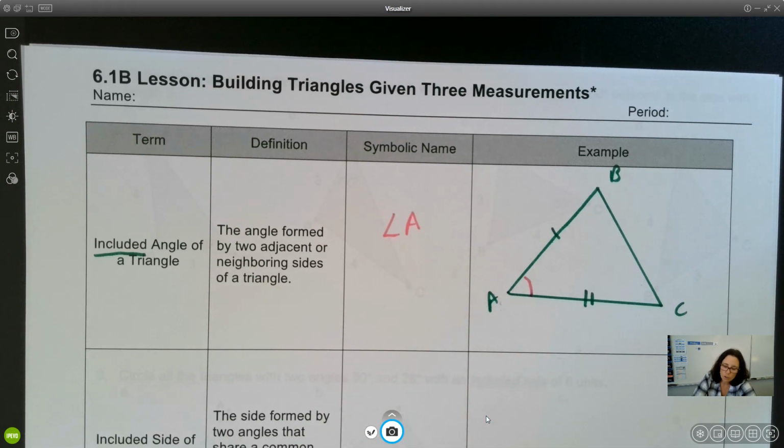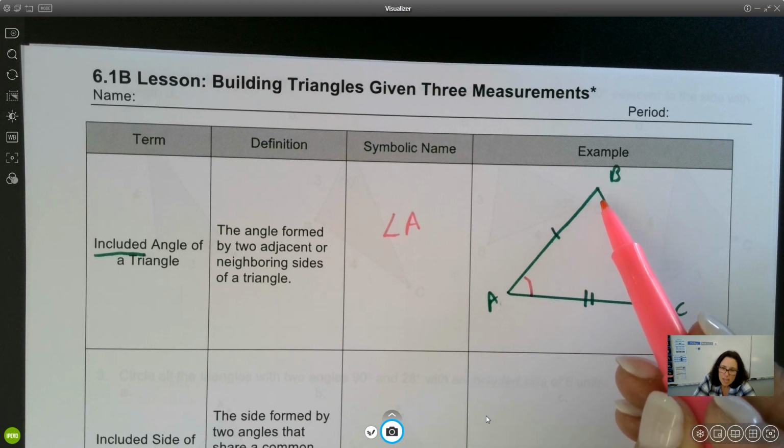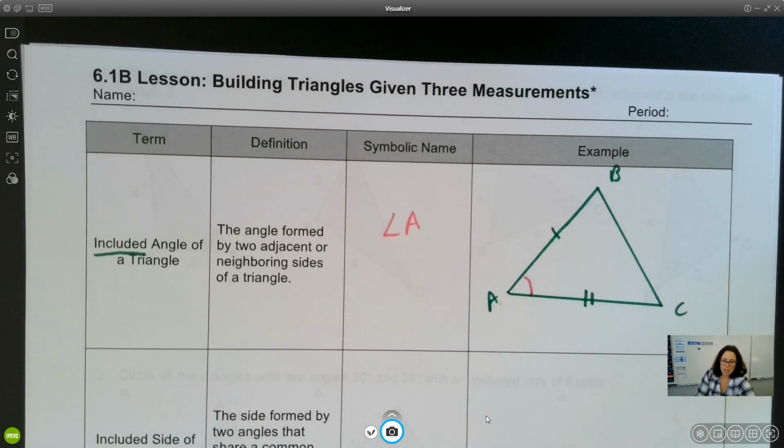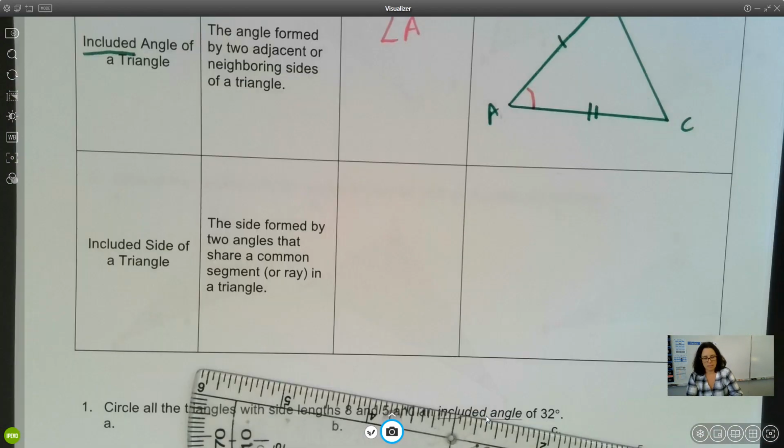If you're looking at angle B, for example, that is not included between side AB and side AC.